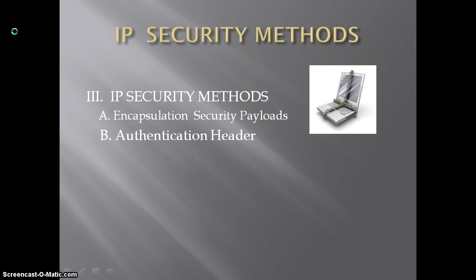The authentication header will not allow data that has been modified to complete the transmission process. This feature also prevents address spoofing. The encapsulating security payload has an optional feature which could provide identical authentication services contained in the authentication header methods.